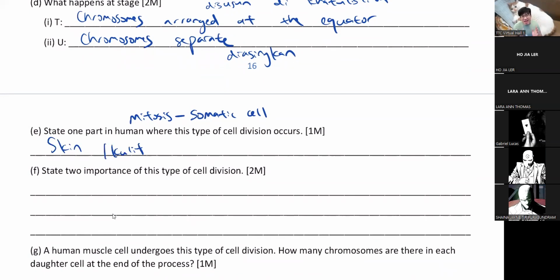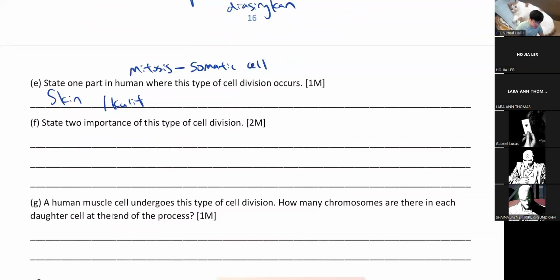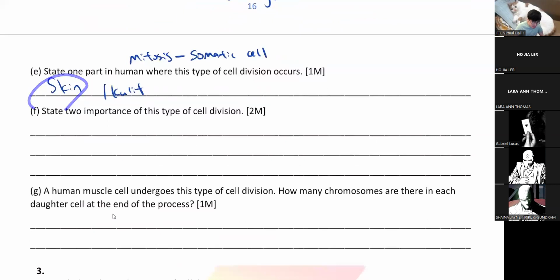Any part that has cancer is mitosis, because cancer happens when your mitosis just goes crazy. They don't stop dividing, then you get cancer. Have you heard of lung cancer? Because lungs do mitosis. So you get skin cancer, because skin does mitosis.